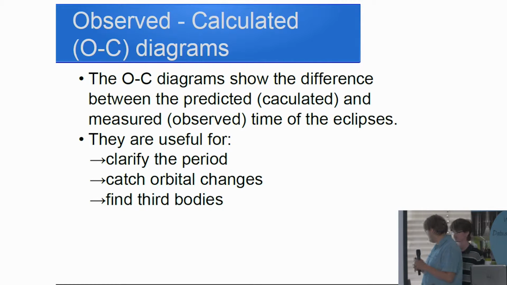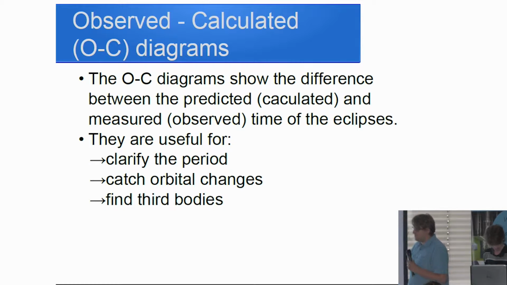Here comes a new topic, the O-C diagrams. If you know the orbital period of the eclipsing binary, then we can calculate when the next eclipse will happen, so we have a kind of prediction, and also we can measure when the next eclipse happens, and the difference of the two values gives the O-C diagram.